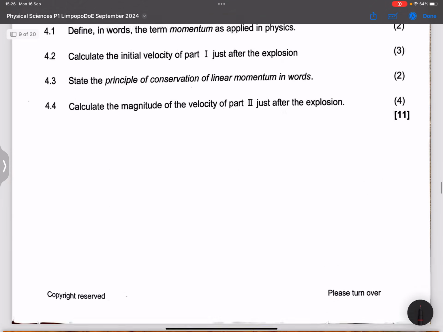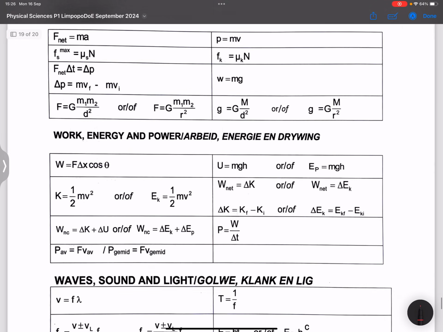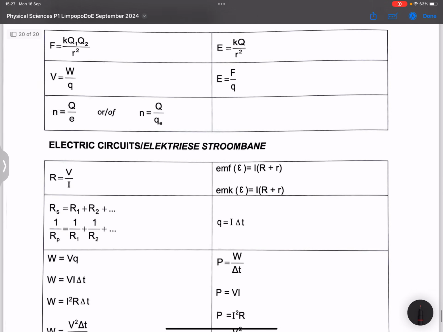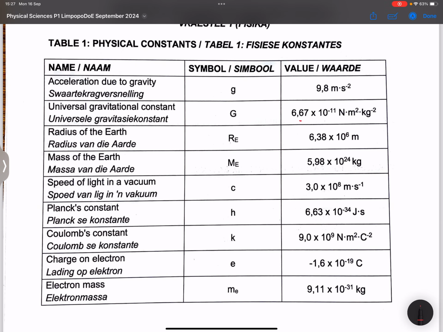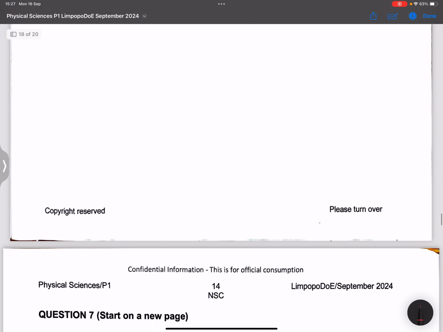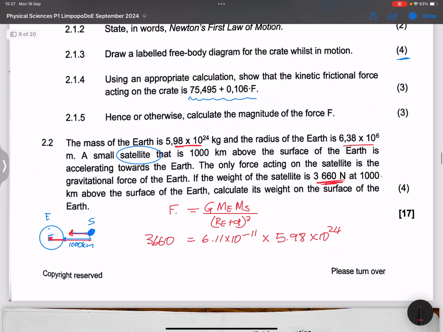Let's go and check in our data sheet, our table of constants. So there, 6.67. Why did I forget that value? So that's 6.67 times 10 to the power minus 11 multiplied by the mass of the satellite.